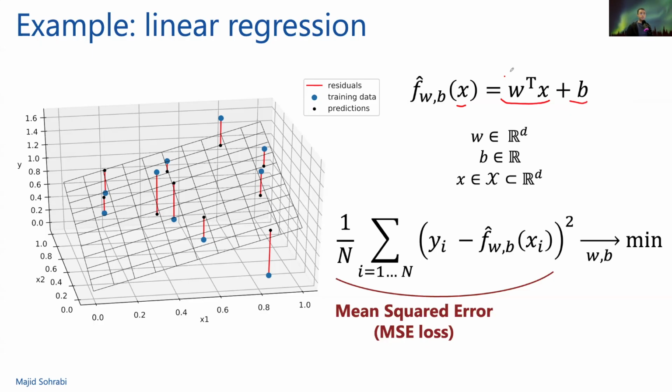And w is the coefficient, which is multiplied by each of those values of x, which defines the slope of the line or plane or hyperplane. And b, the bias term or intercept, defines, if this component is 0, where this line or plane is supposed to start.